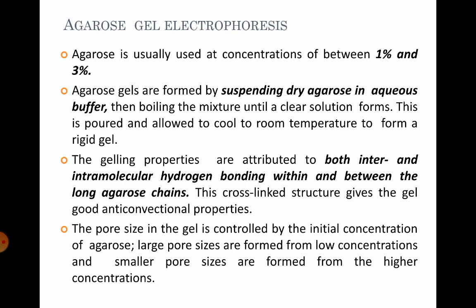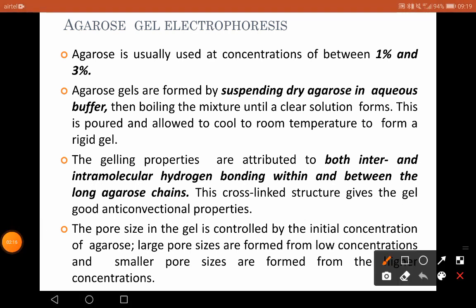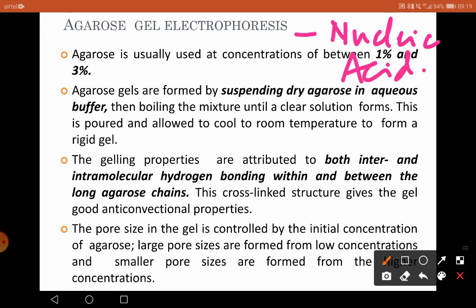Agarose is usually used at a concentration of between 1% and 3%. Agarose gel electrophoresis is widely used for the separation of nucleic acids. In contrast, PAGE or SDS-PAGE is used for the separation of proteins.